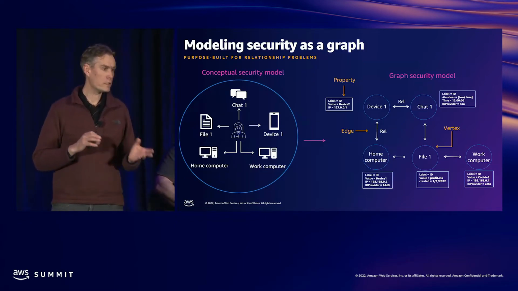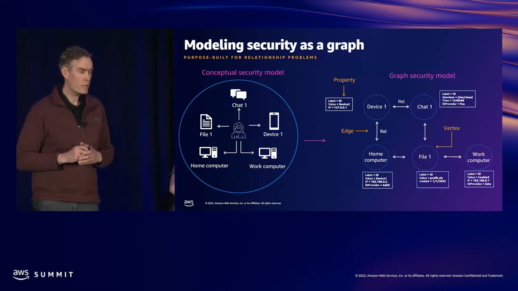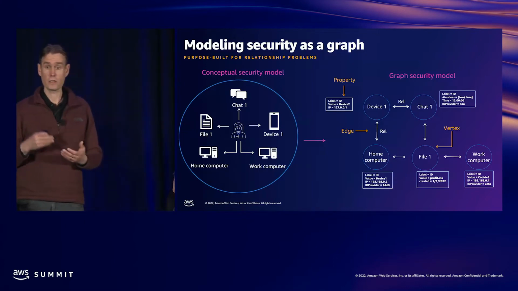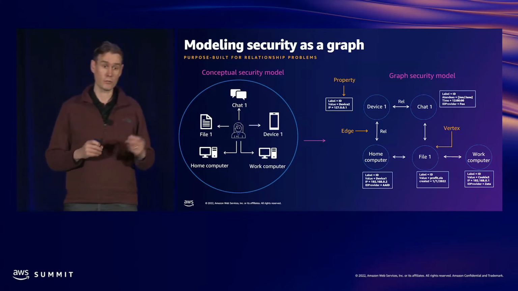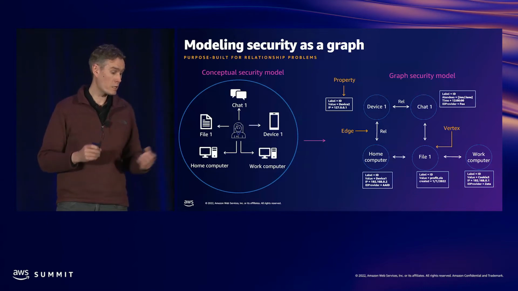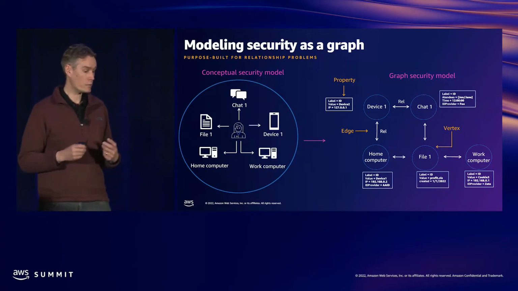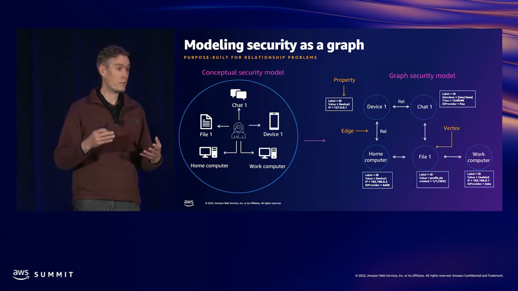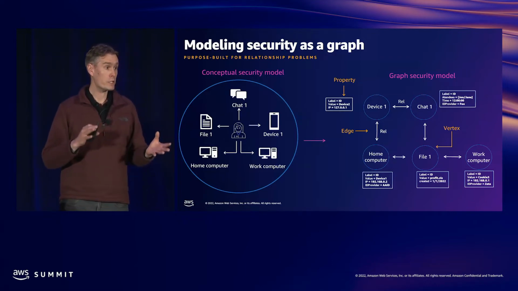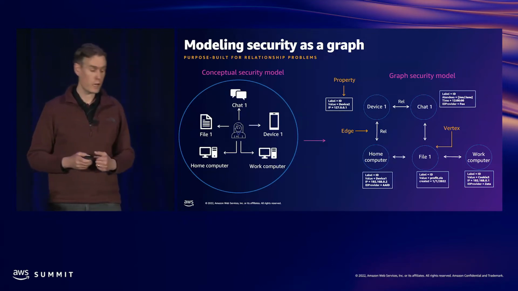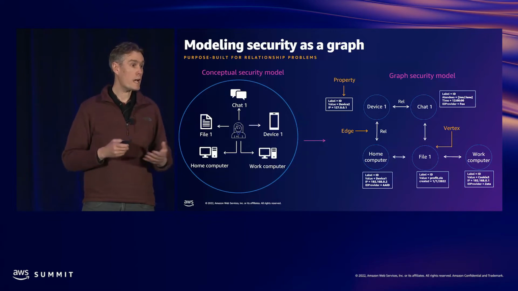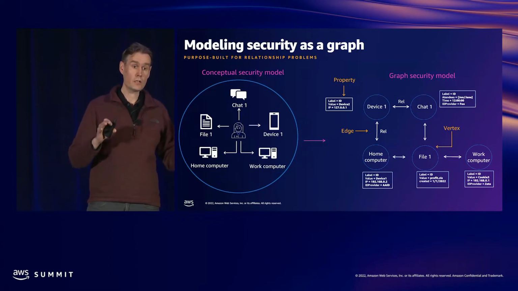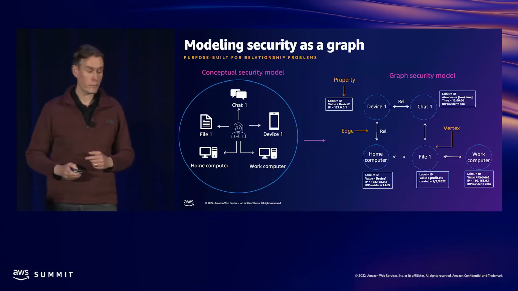You can see that the devices become nodes. These things have properties, so I can assign things like IP addresses or MAC addresses or domain names. And I can relate them, either via networks or usage, different relationships. And those relationships themselves can have properties. So it's very natural to take a security model and apply it as a graph.